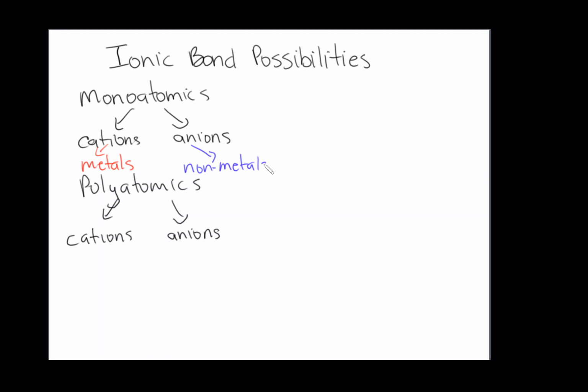Don't forget some of the metalloids fall in there. All right, so I've got my metals and my nonmetals, or I've got my polyatomics. So any variation thereof will make an ionic bond.